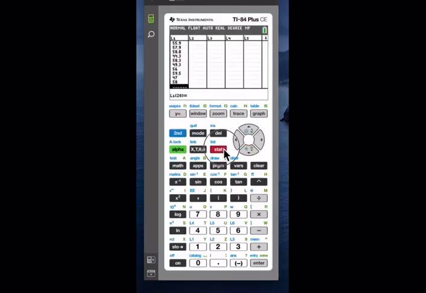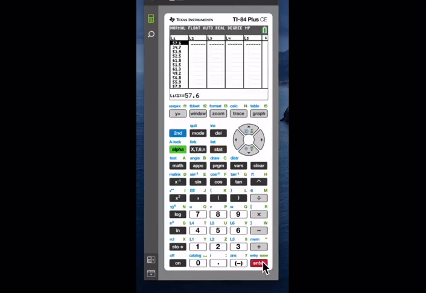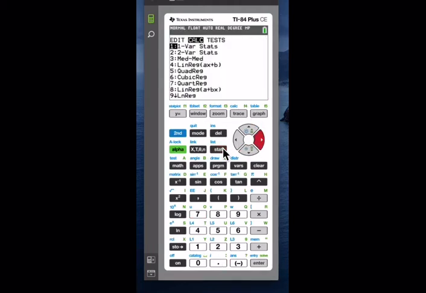I have to first enter my data, so I go to edit, enter, and I have entered already the first 19 of them, so I'm going to go and enter the last one, which is 47.2. Go now to stats, tests, t-test. So I'm going to go to data, and then for mu naught I need to put 50.